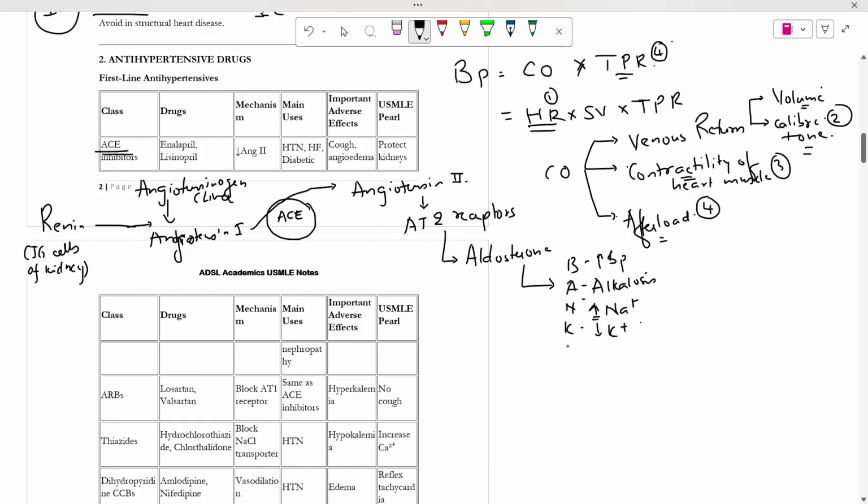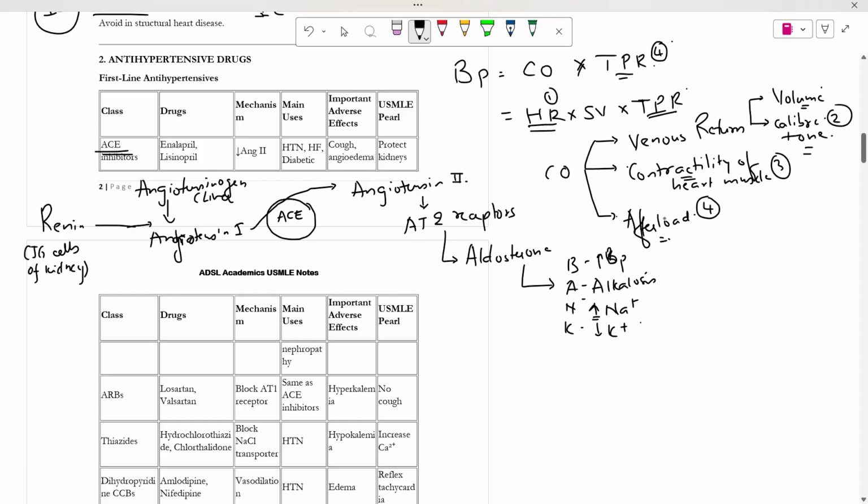Now, if you block this axis, aldosterone will not be secreted and the volume will not be increased. The total peripheral resistance will also not increase, because angiotensin 2 is also responsible for vasoconstriction. So vasoconstriction will not be there. This is the main mechanism: the vasoconstriction or afterload is the main mechanism by which this acts.